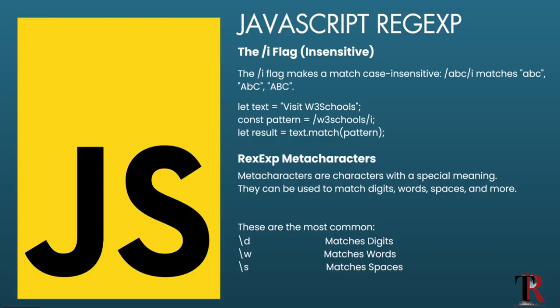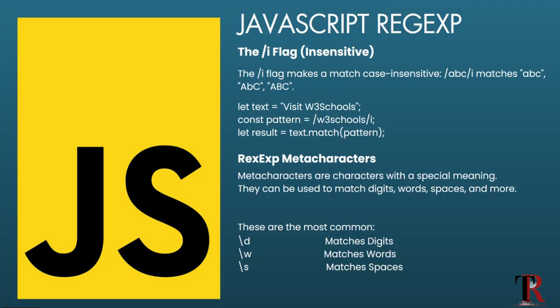So these are the most common in the JavaScript language. The first one is \d, which can be used to match digits. The \w can be used to match words, and the \s can be used to match space.